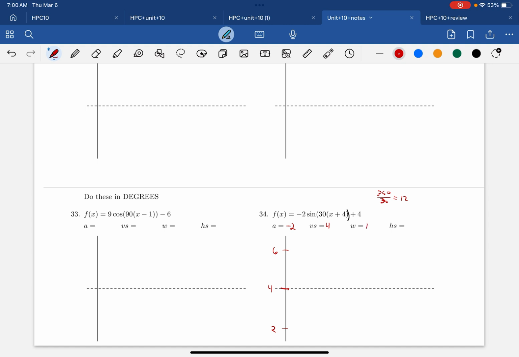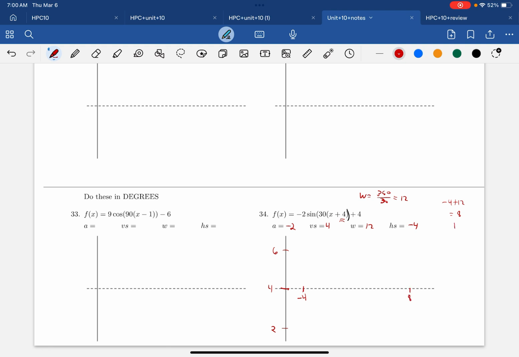So the wavelength is 12. Horizontal shift, -4, because it's this one, right? And it's the negative of that. Great. So that means we're going to start at -4, and we're going to go forward 12. Well, -4 plus 12 is 8. So we're going to get all the way to 8.